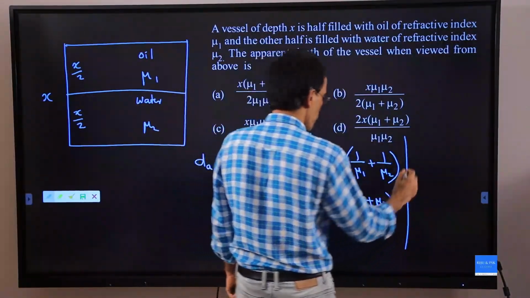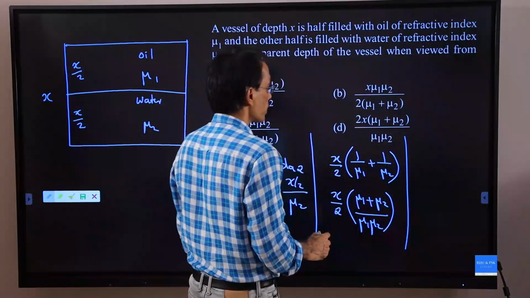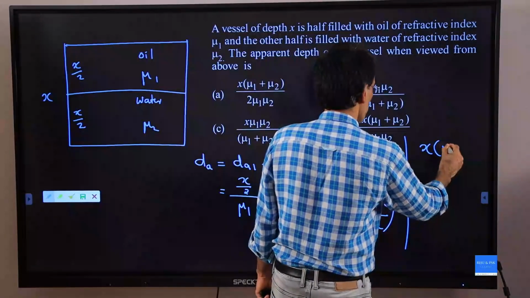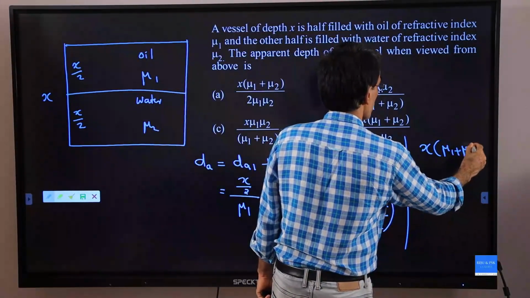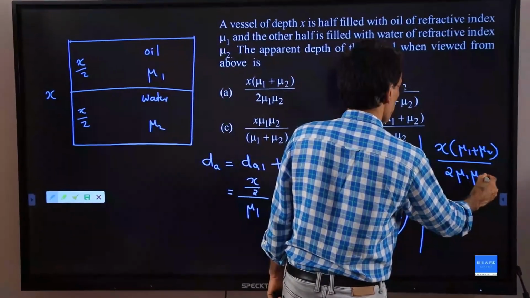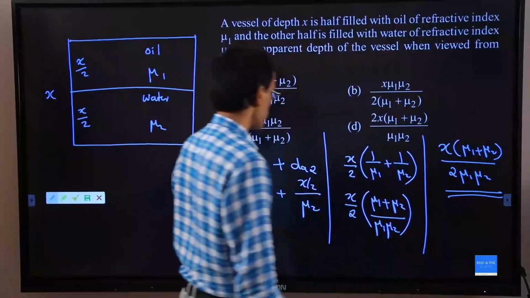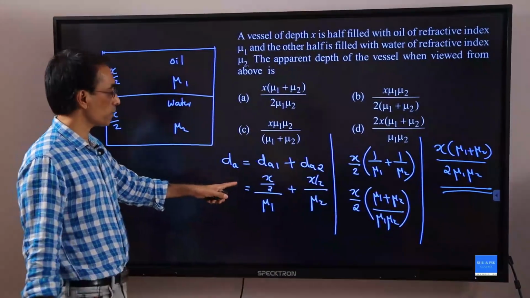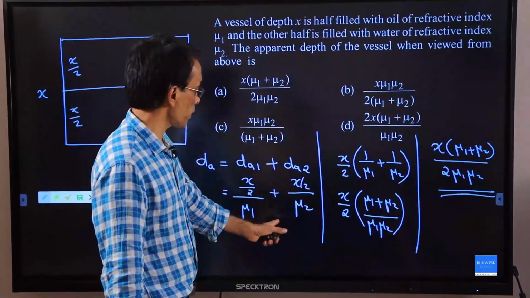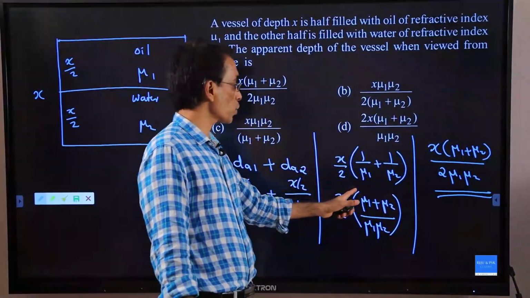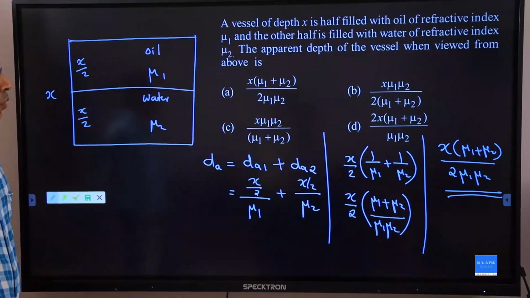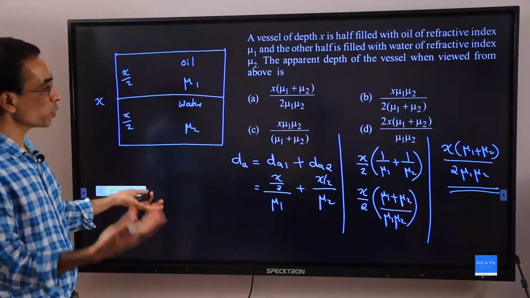That gives you x into mu1 plus mu2 divided by 2 mu1 mu2. So that will be your answer. The total apparent depth is x by 2 mu1 plus x by 2 mu2. Take x by 2 common, then simplify. If there are 3 layers also, you can do the same thing.